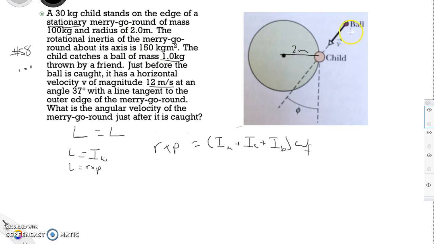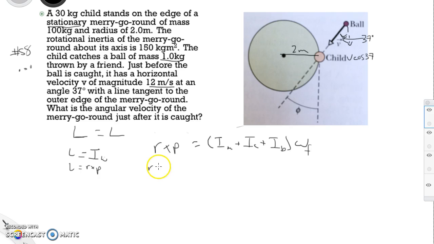Now we need the component of this velocity that's perpendicular, and if this angle is 37 degrees, that's going to be v cosine 37. So we're going to have the radius times the velocity times the mass.